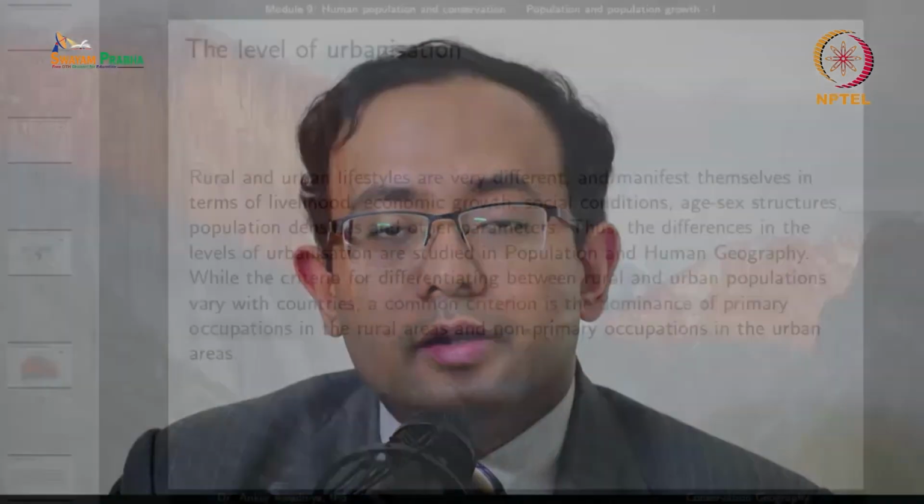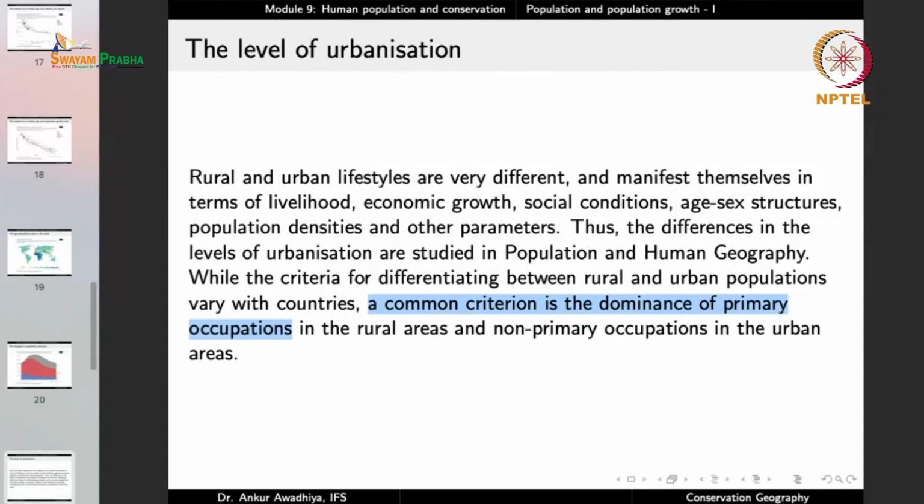So in the rural settings, we typically find a majority of occupations that are primary occupations, mostly agriculture. And in the urban settings, we find a dominance of secondary, tertiary, quaternary, and other sectors. So this is how we can differentiate between urban and rural areas.